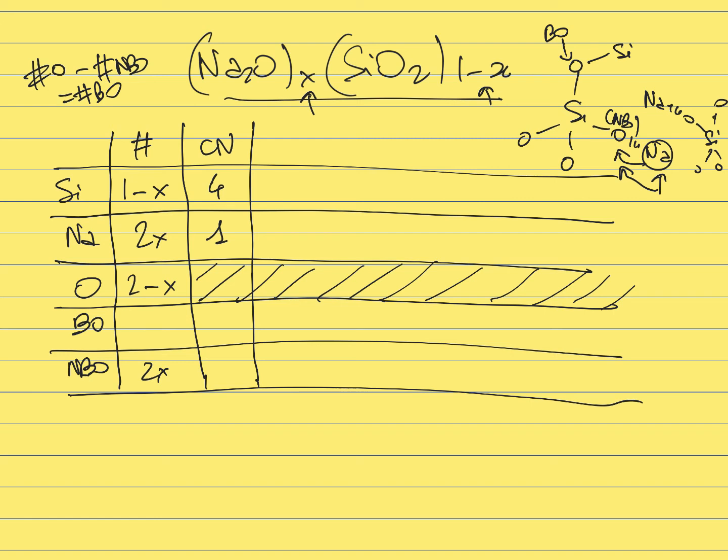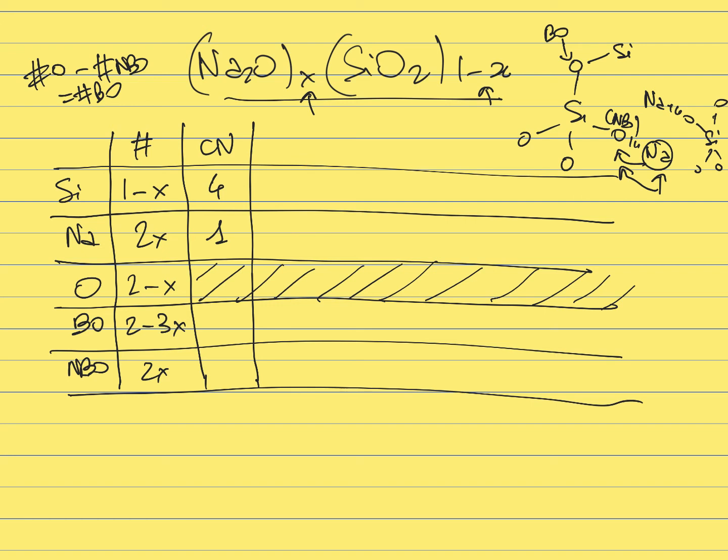So the number of oxygen is 2 minus x, and then you subtract the number of NBO, which is 2x. So you find 2 minus 3x. Indeed, if you sum the BO plus the NBO, you find the total number of oxygen, which is 2 minus x.